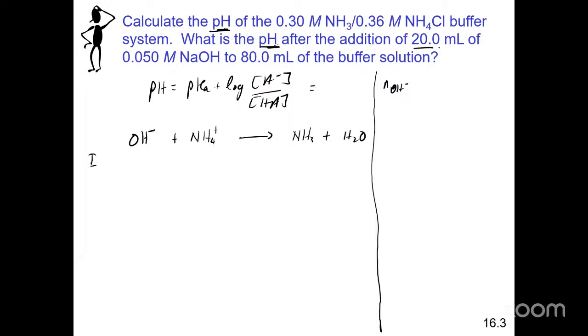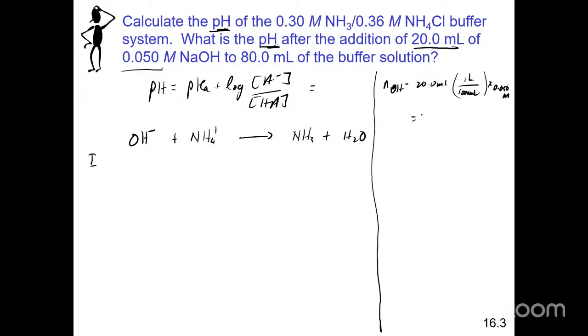They gave you the volume and they gave you the molarity, right? So the number of moles of the hydroxide ion would be 20.0 mL, which we have to convert to liters, 1 liter over 1,000 mL. And then we multiply that by the molarity, which is 0.050 M, right?